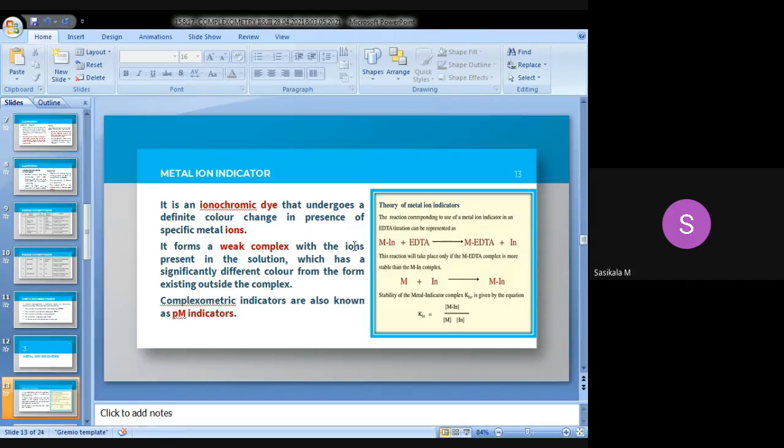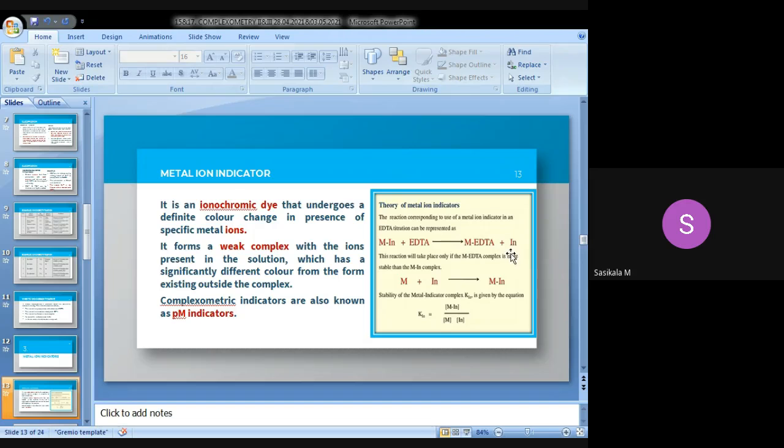Now the reaction here represents the metal ion with the indicator. It forms a weak complex. When EDTA is added, the indicator will be replaced and a strong metal-EDTA complex will be formed. Since the indicator forms only a weak complex with the metal, EDTA forms a strong and stable complex with the metal ion, and the free indicator is released.